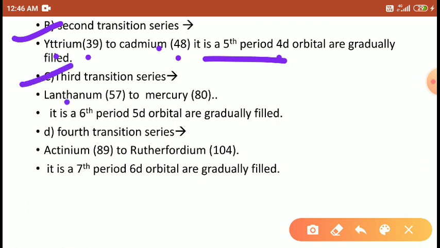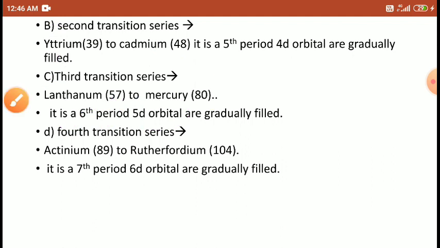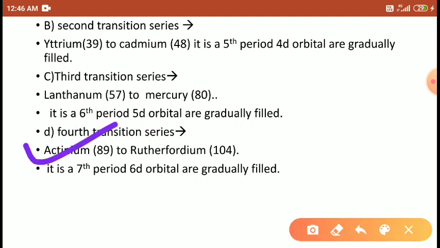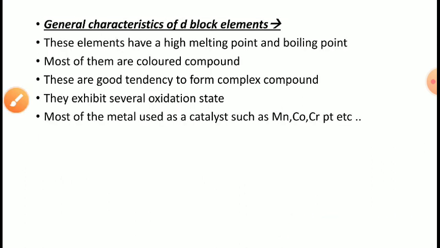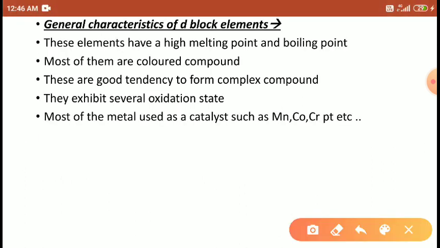Third transition series, lanthanum to mercury, atomic number 57 to 80, is in the sixth period, and the electrons are filled in the 5d orbitals. In the last one, the fourth transition series, actinium to rutherfordium, 7th period, the electrons are filled in the 6d orbitals. Right, students? Okay. General characteristics of d block elements.